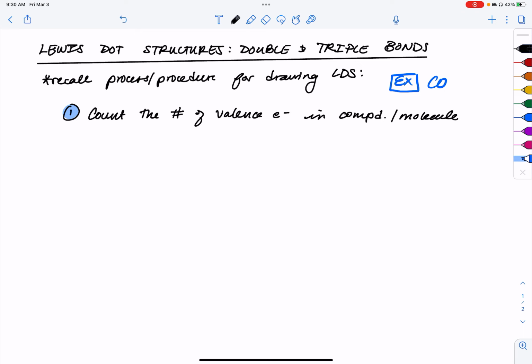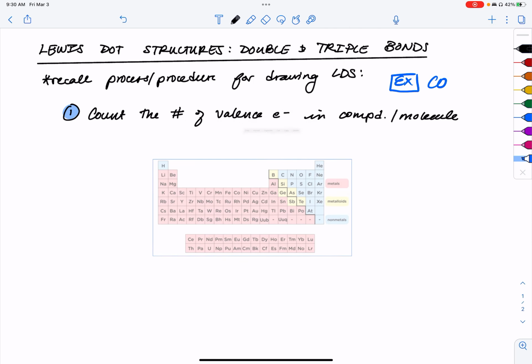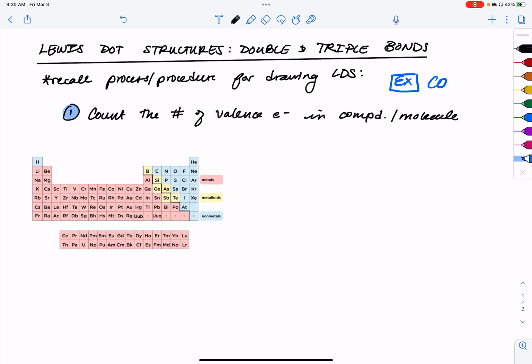And you can do this a couple of ways. You can look either at the periodic table and identify the number of valence electrons based on the main group number or column number that your element is in on the periodic table. Or you could use your electron configuration, and here I'm going to show both.